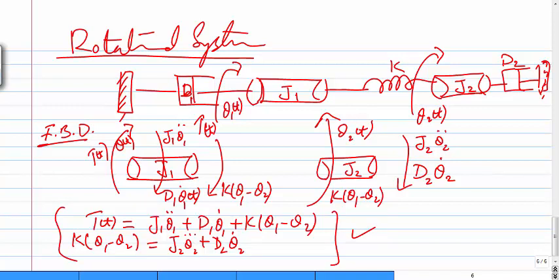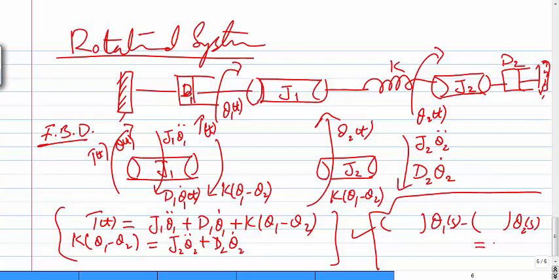We can also write directly using the inspection method. For the first inertia, we can say the sum of impedances that work on theta 1 of s, then minus, then theta 2 of s, equals the applied torque. The applied torque is T of s for the first one.